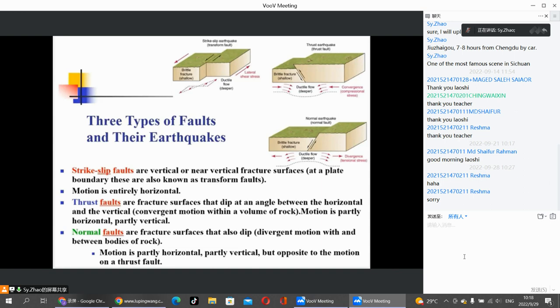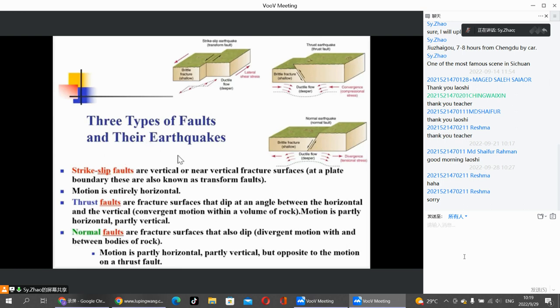Strike-slip faults are vertical or near-vertical fracture surfaces at plate boundaries. They are also known as transform faults, and the motion of this kind of fault is entirely horizontal.